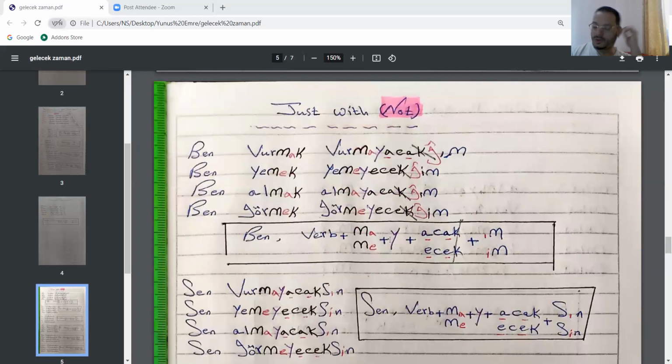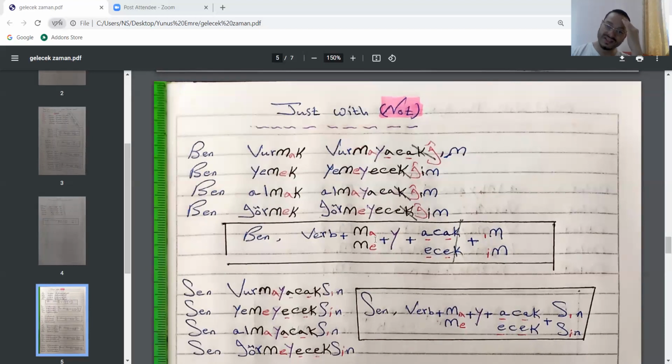Now let's talk about how we can put negation with this form. The same situation. Negation in Turkish, specifically with this kind of tense, is just ma or me, depending on the vowel letters we know. But it's different from English, because in English, not is a separate word.